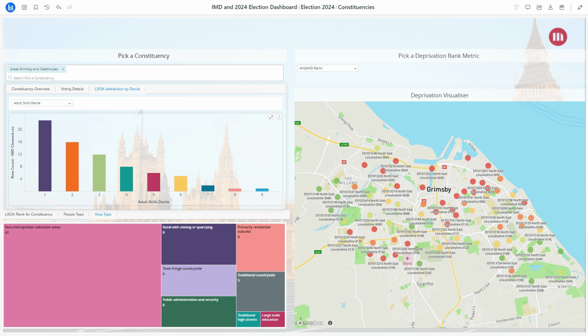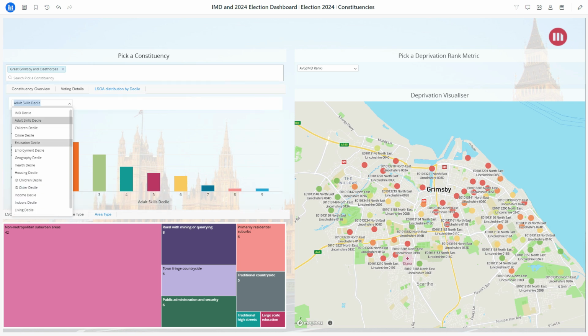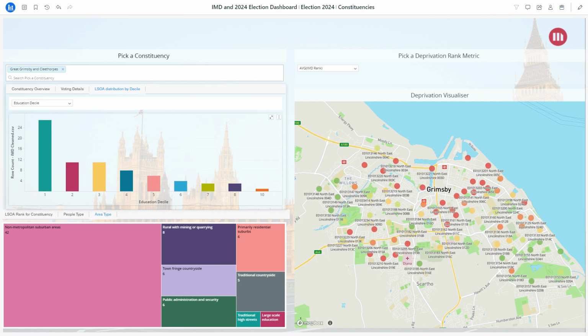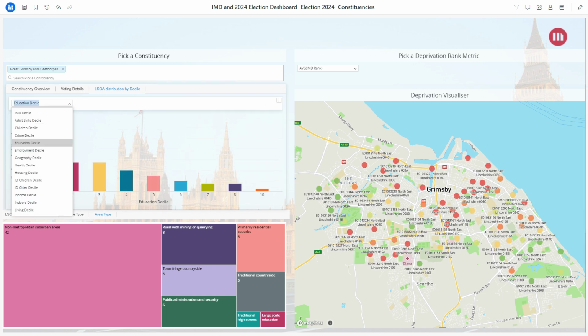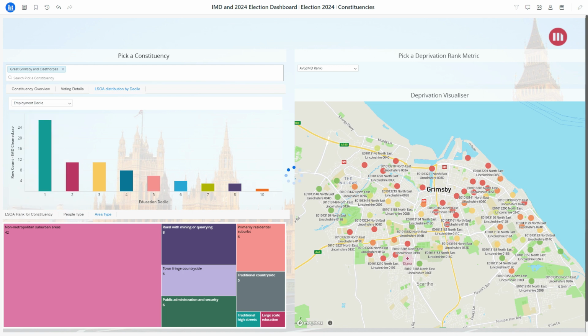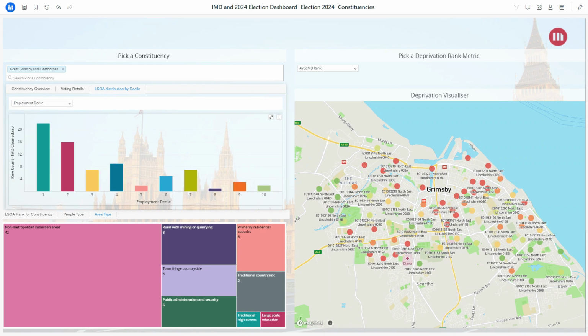Similarly, the most deprived LSOAs. Let's have a look at education. Same picture. Let's look at employment. Slightly better, but not by much. So we can see effectively that Grimsby is a stressed area, so an area with a lot of deprivation.